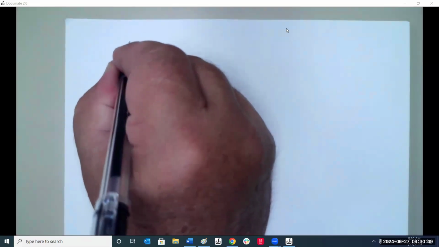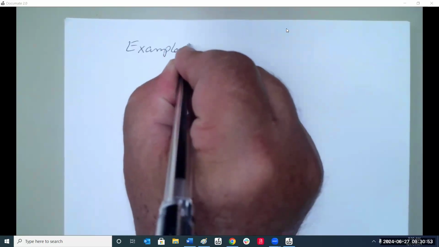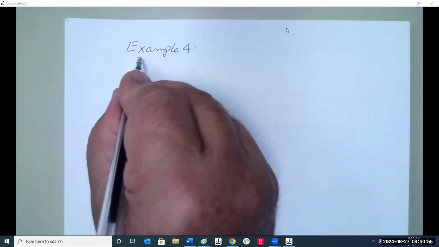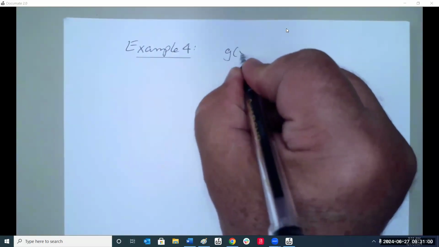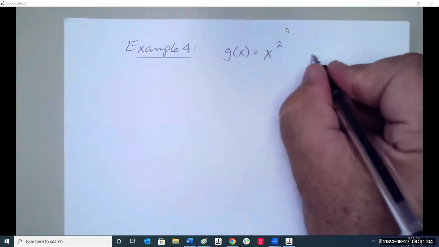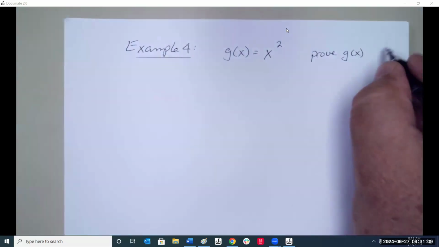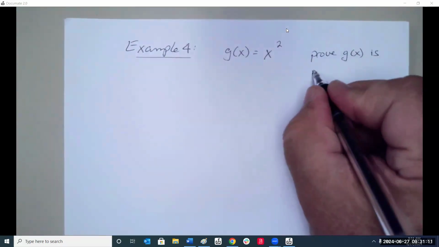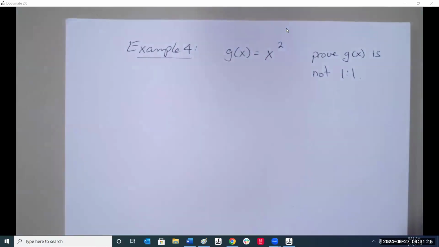Look at example 4. Given the function g of x equals x squared, prove g of x is not 1 to 1. How do we do that?